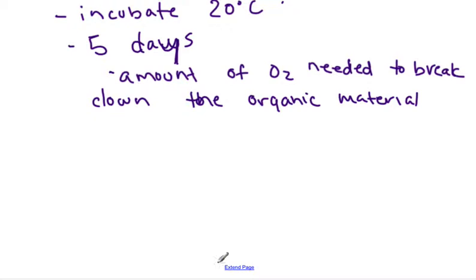So after 5 days, what I'm going to do is take my initial sample. Oops, I went too fast. After 5 days, the next thing you need to do is measure the amount of dissolved oxygen.